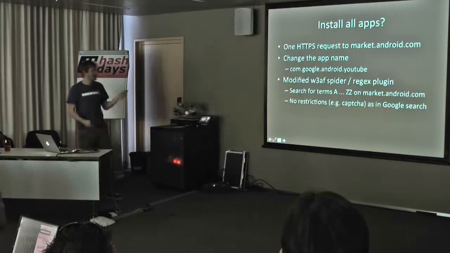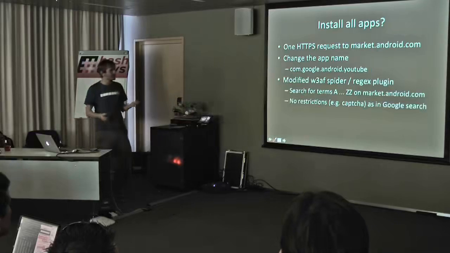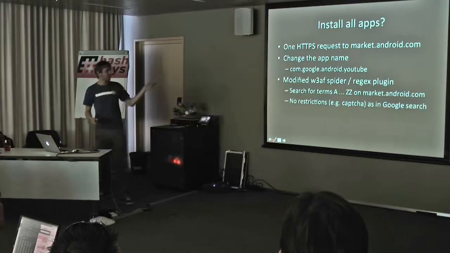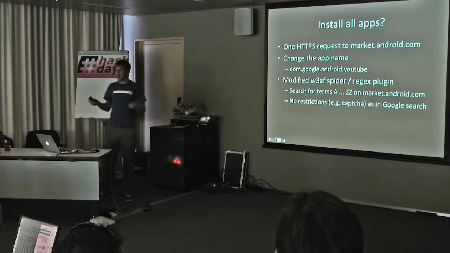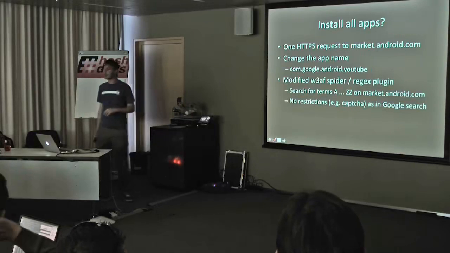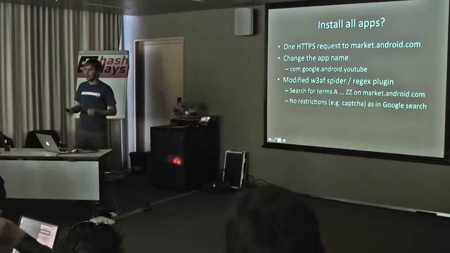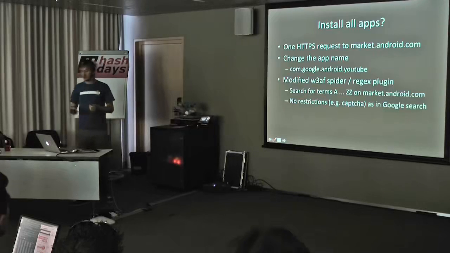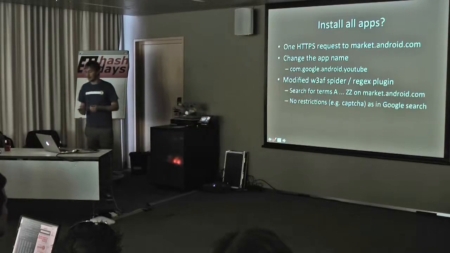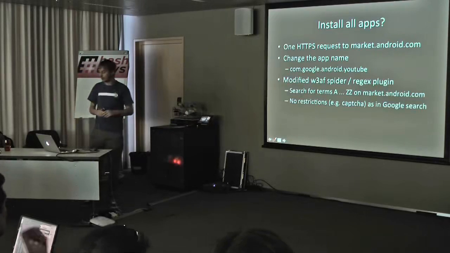So the next step was to use a tool called W3AF. It doesn't matter, it's actually a web application scanner, but I just used it because I know that crawler. So I used that spider crawler and wrote a regex plugin, which just writes out all the app names from the Google Market website.